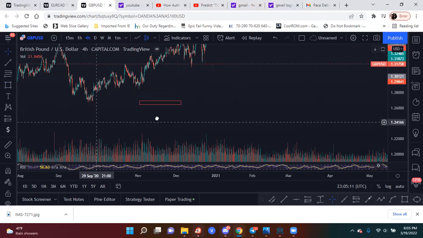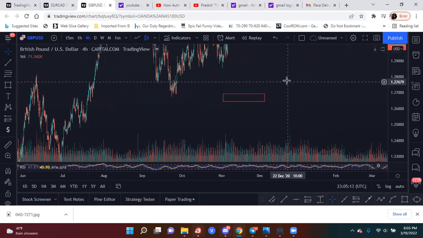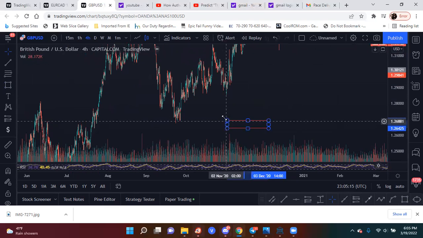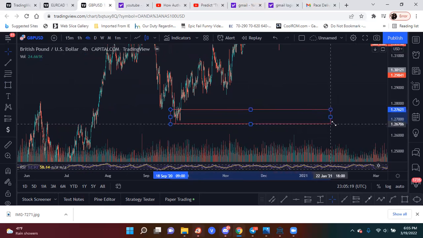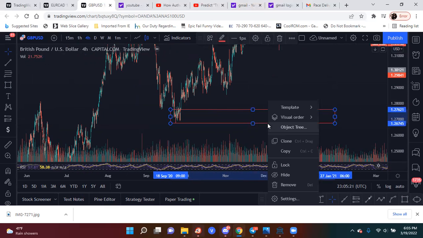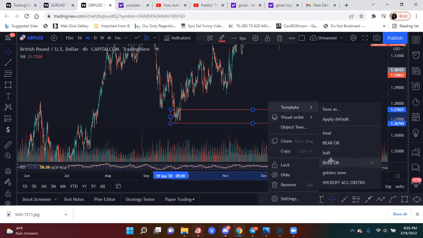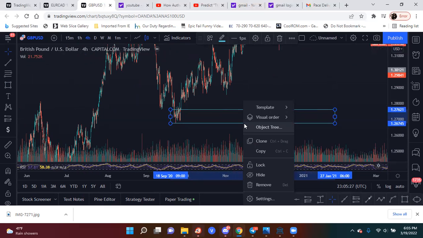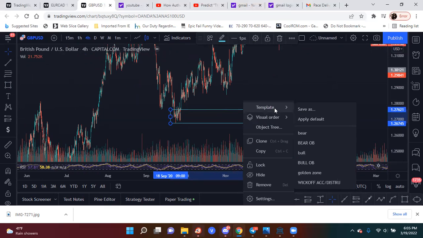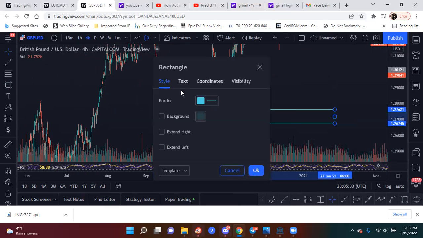let's do this. I'm not going to put them all in, but obviously this was a strong demand where a lot of orders were at. Let me change that to bull OB, and yes, I want to do settings, extend.